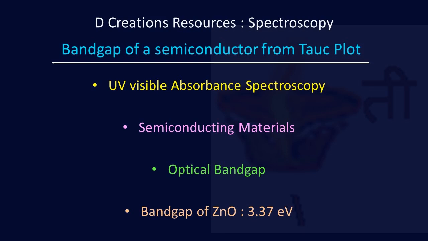Now by plotting (alpha h nu)^n versus h nu, from this graph we are going to identify a linear region and then this linear portion is going to be extrapolated to the horizontal axis, which here is the energy axis, because on x-axis we have plotted h nu.